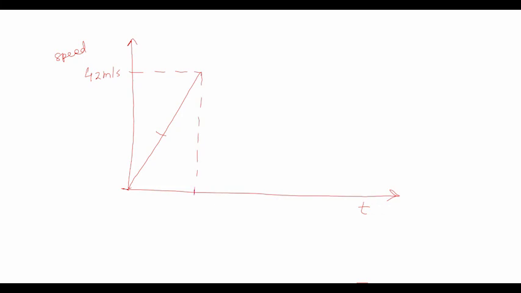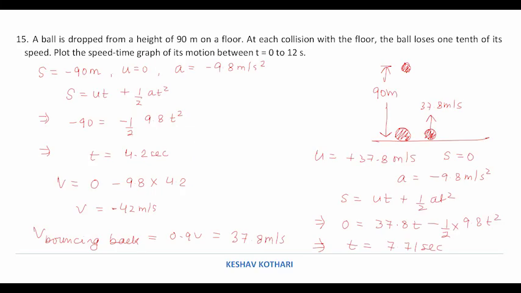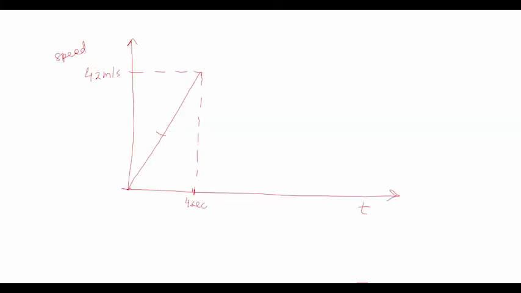So I'm putting over here roughly 4 seconds. And the speed is going to drastically decrease, and we got the decreased speed as 37.8. So the speed is going to come down to 37.8 meter per second at approximately 4.28 second, which is this part.